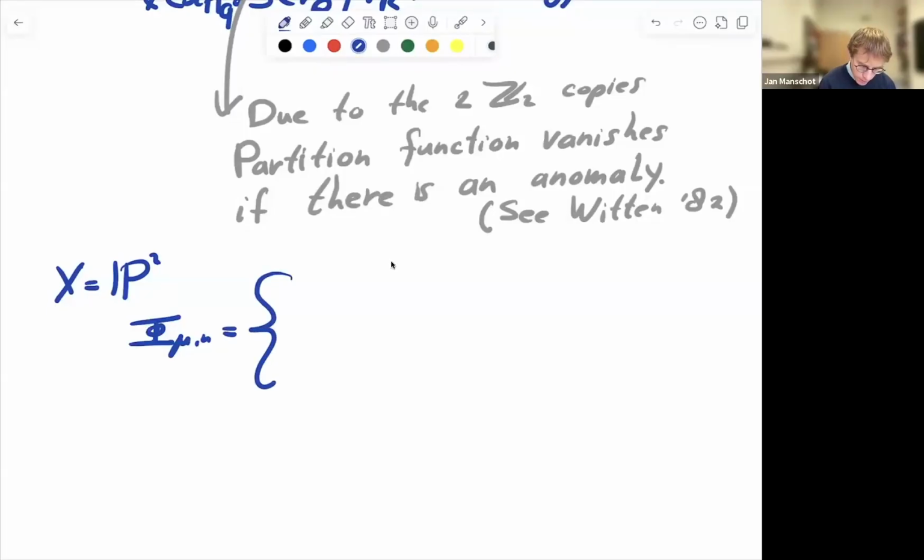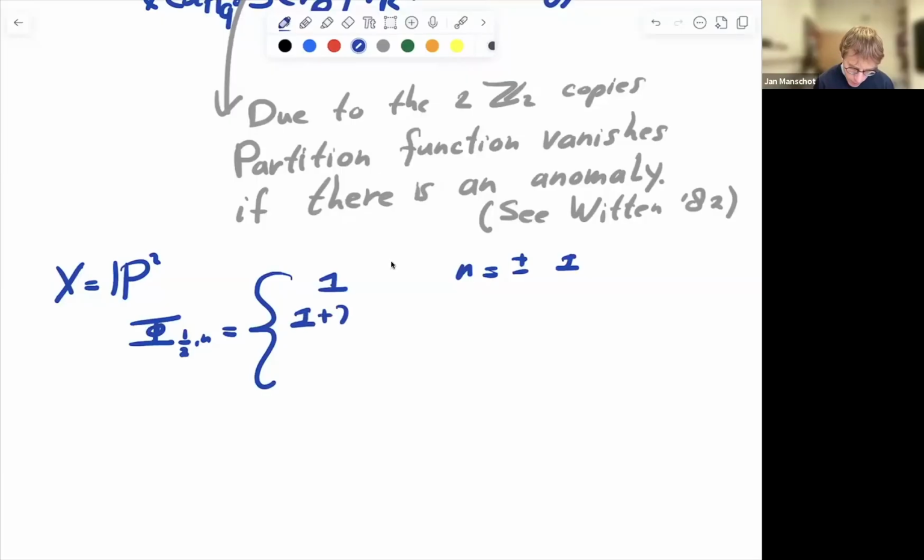In this case, for the 't Hooft flux 1/2, the second Stiefel-Whitney class is odd for the gauge bundle. We get results as follows. We get 1 for n is plus or minus 1.